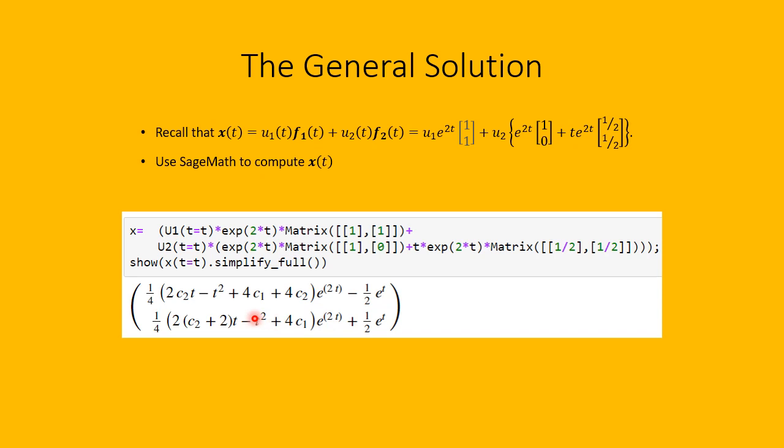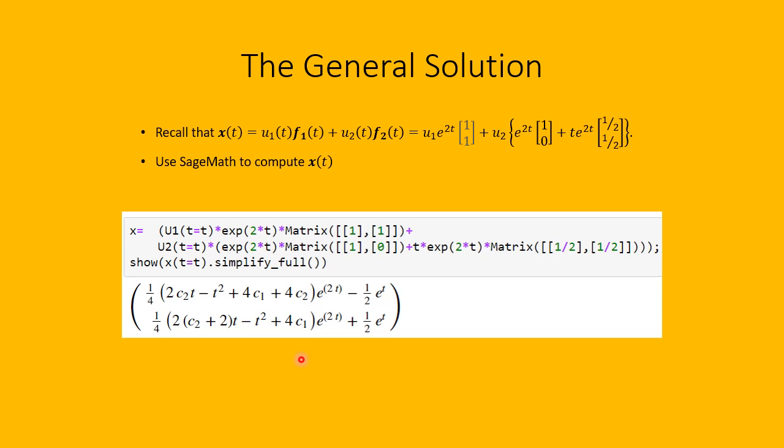So we have calculated the general solution to that non-homogeneous problem. We did not have an initial value problem, so we don't have any way to find C sub 1 and C sub 2 in this particular case. But if we did have initial conditions, we could solve for C sub 1 and C sub 2.